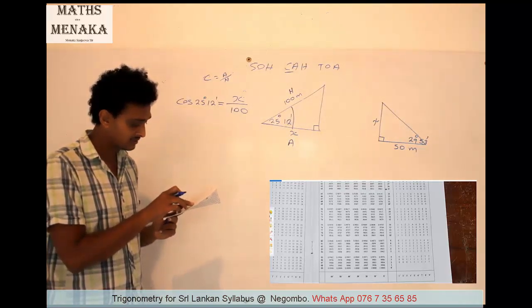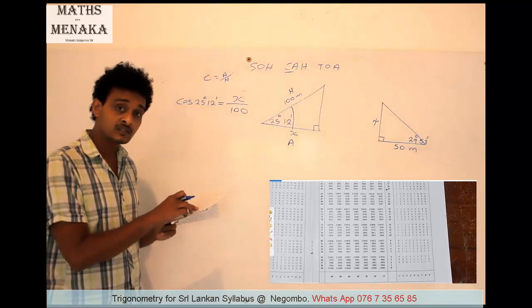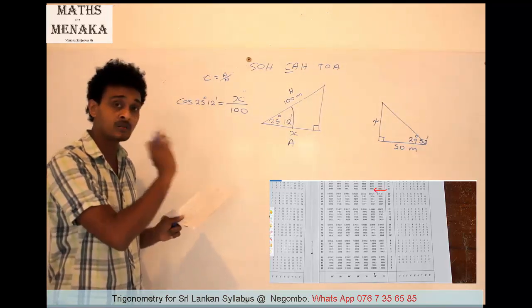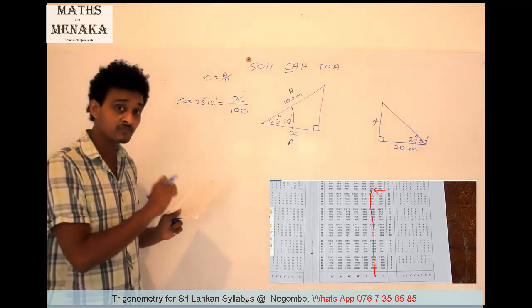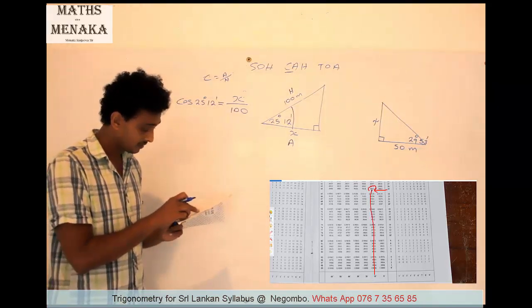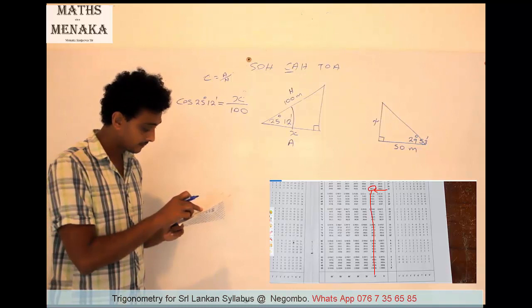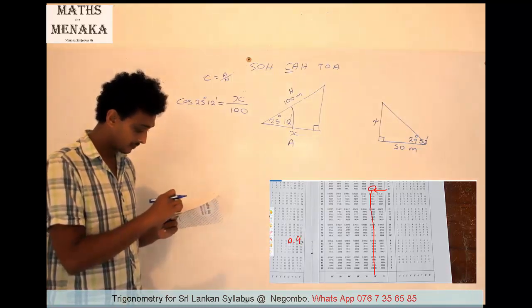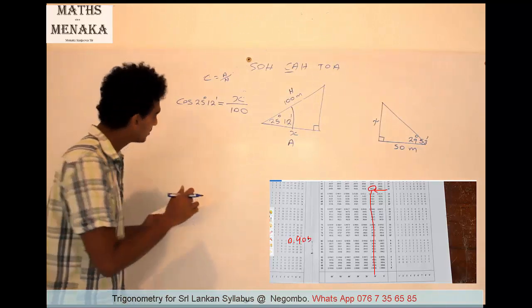Cos you have to get from the bottom. Some people take it from the top, so don't make a mistake. 25 degrees 10 minutes. What do you get?